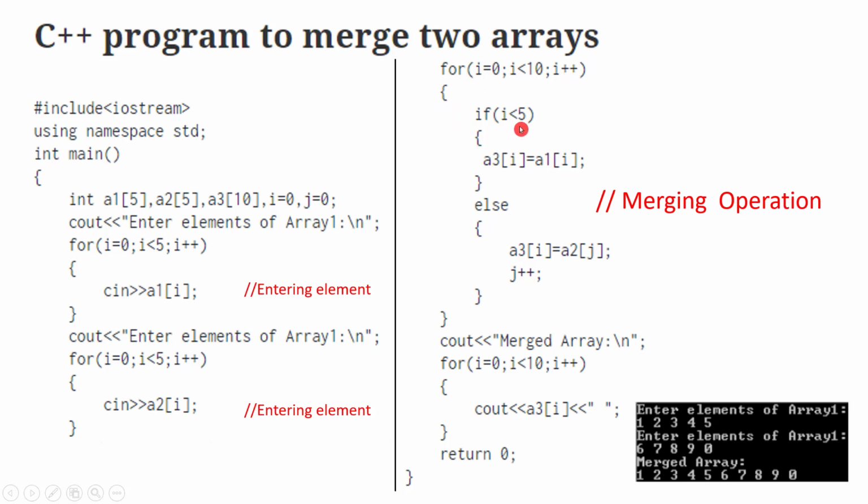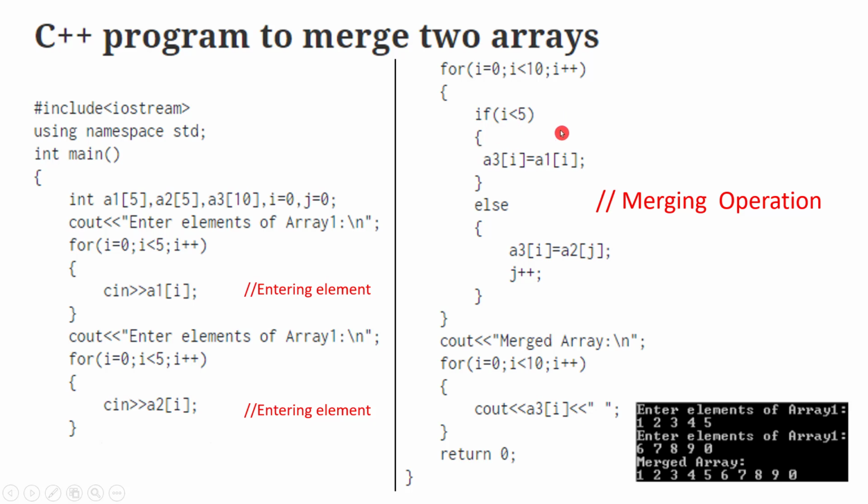If I is less than 5, then a3 I. a3 is the new matrix of size 10. a3 I is equal to a1 of I. a1 of I is the matrix we have, the first 1, 2, 3, 4, 5 matrix. So if the I value is less than 5, a3 I is equal to a1 of I.